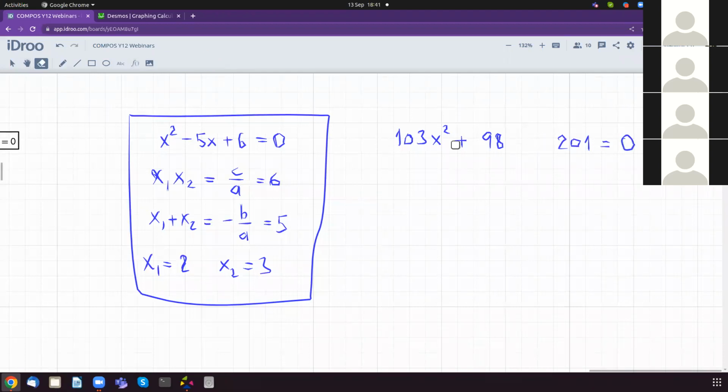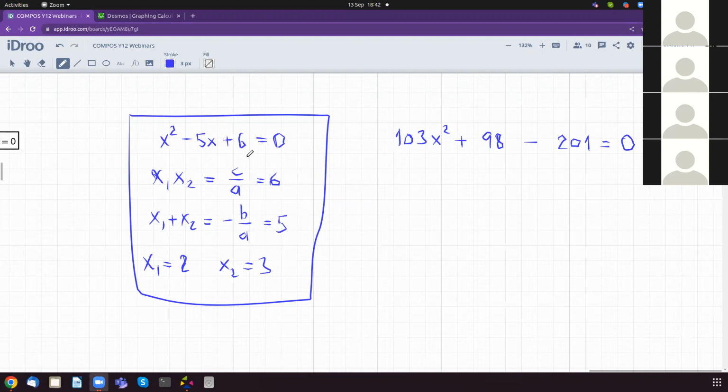You'd be very surprised if I tell you that you can solve this in your head. So this is slightly different from what you're used to. You're used to factorizing. We're not doing factorization here.